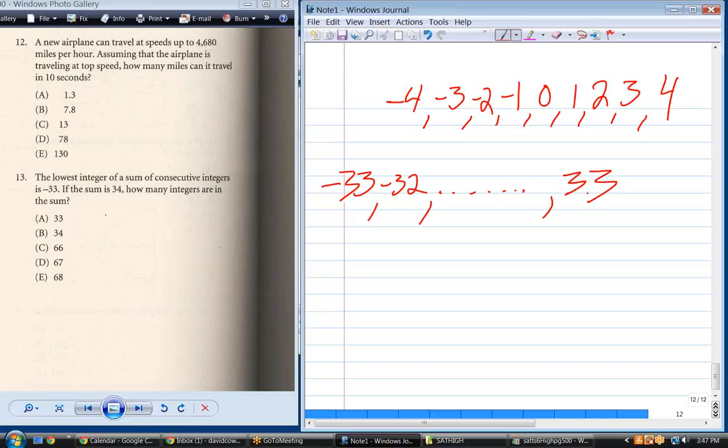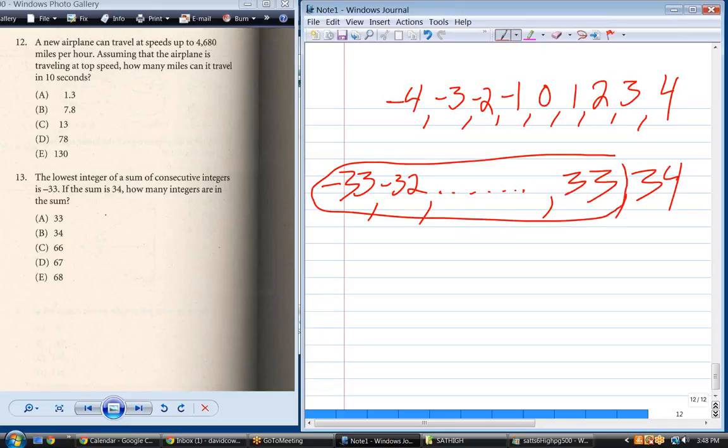What's the sum of those numbers? 0. What's the sum of those numbers? 34. If the sum of these numbers is 0, then the sum of these numbers has to be just the addition of 34.